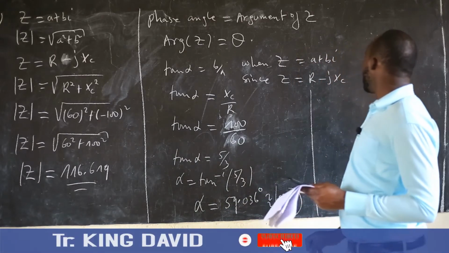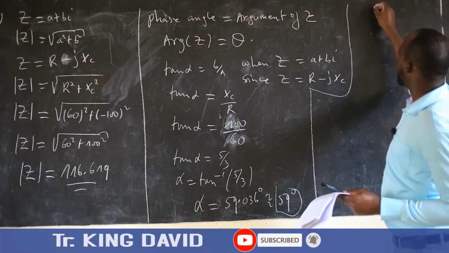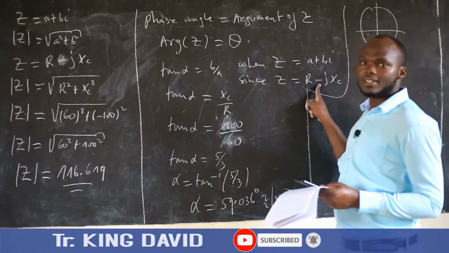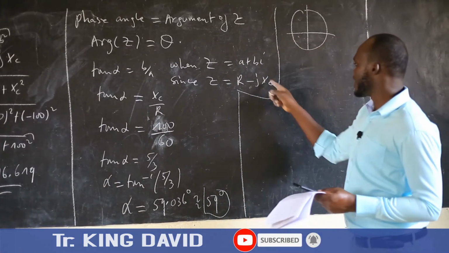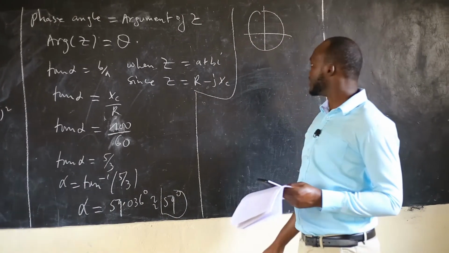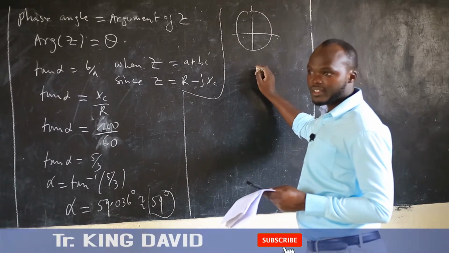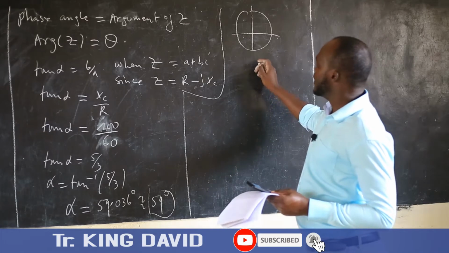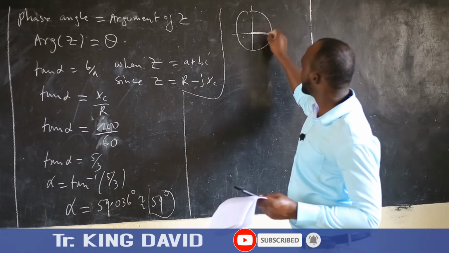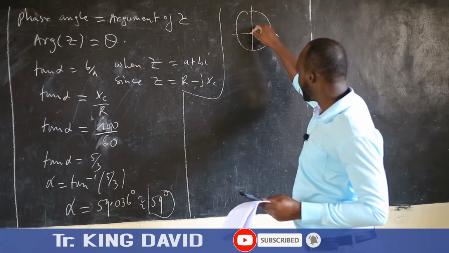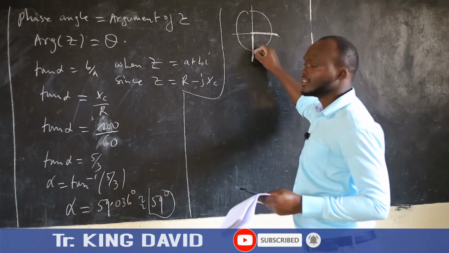Remember, because you have a negative here, we're going to see where this Z is located on a circle by using quadrants. Our R is positive, but our capacitive reactance is negative.